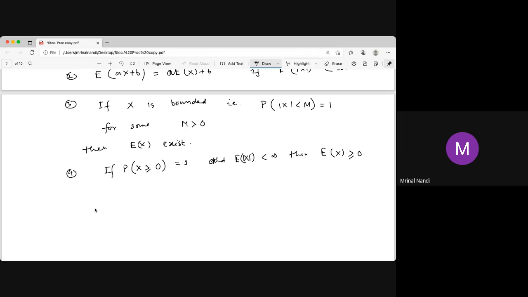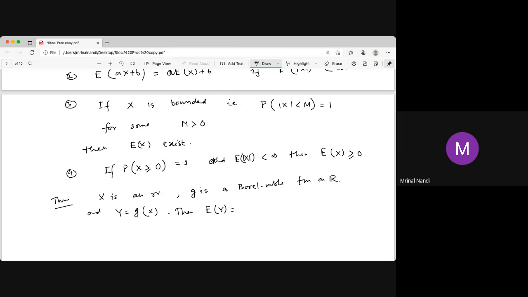And next is this theorem. We discussed in the previous class that if X is a random variable and g is a Borel measurable function on R, and say Y equals g of X, then the expectation of Y, what is the definition?